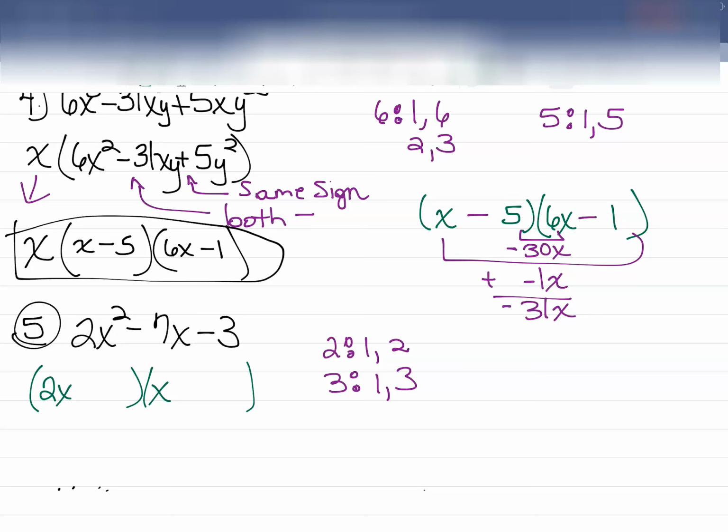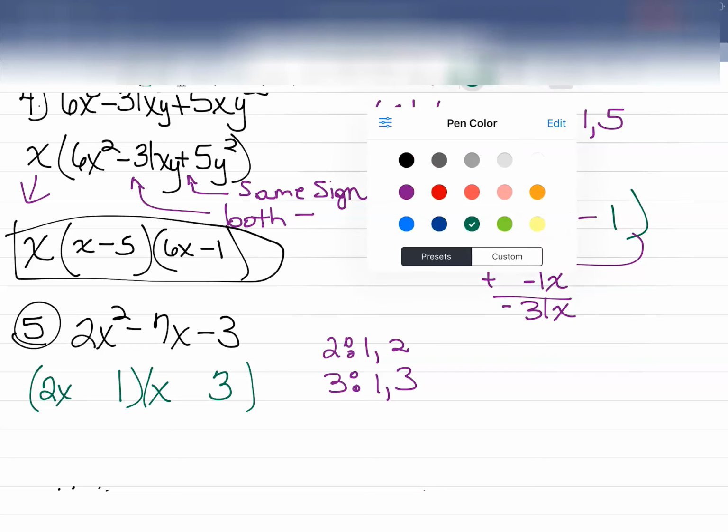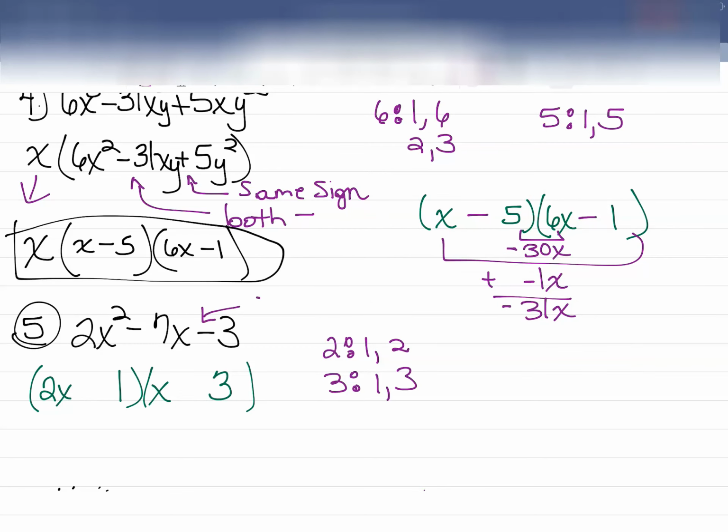Then I go to my 3. I'll put 1 in the front, 1 in the back. I need to subtract to get that negative 7.